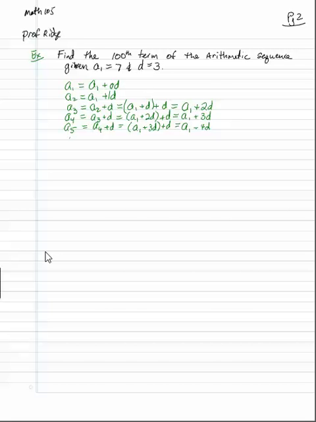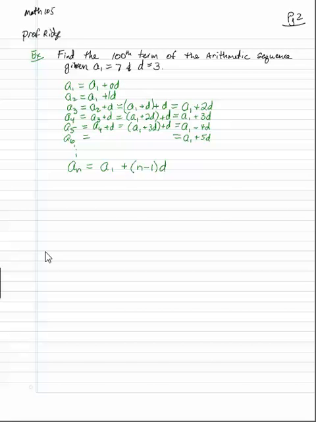So a sub 6 would be a sub 1 plus 5d, and then we can make this general term: a sub n is going to be a sub 1 plus 1 less than whatever n is, times d.